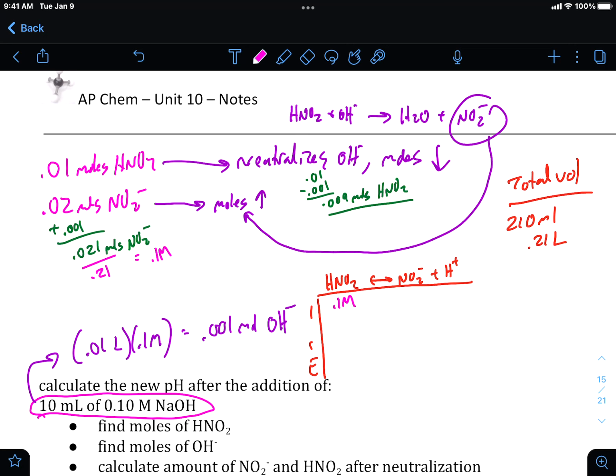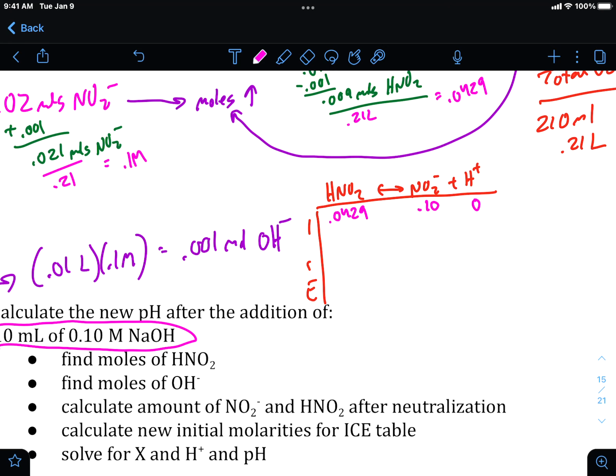Our 0.009, oops, sorry, I have that in the wrong place. That's here, 0.1 molar. Our HNO2 is 0.009 divided by 0.21 liters. It's going to be 0.0429. And we work it like we do. Find the new pH.